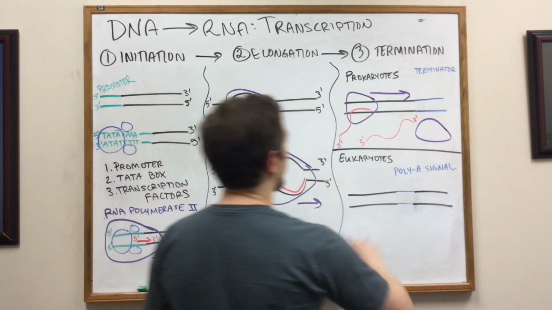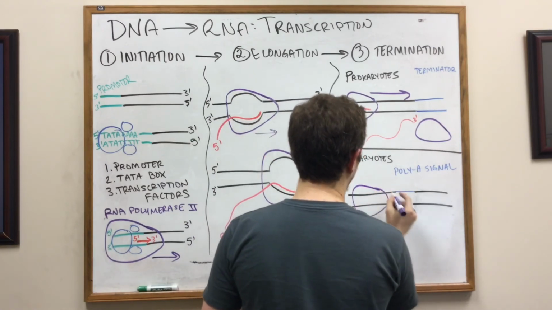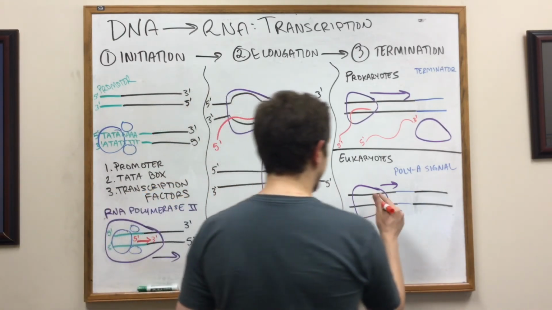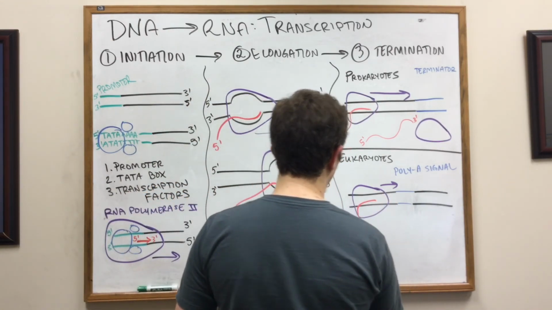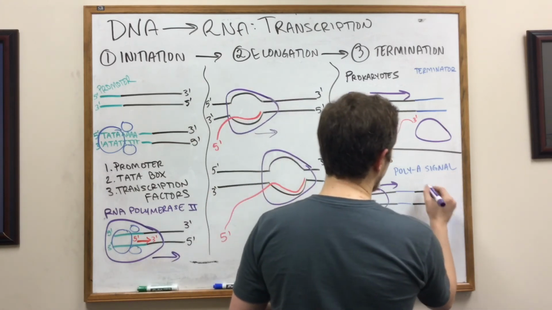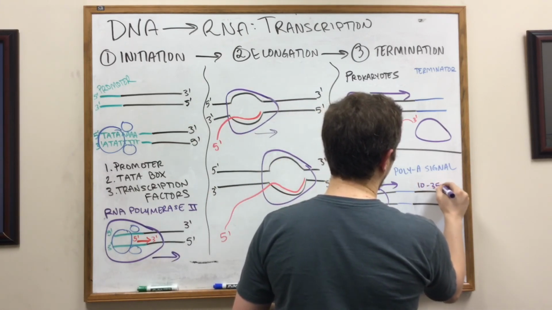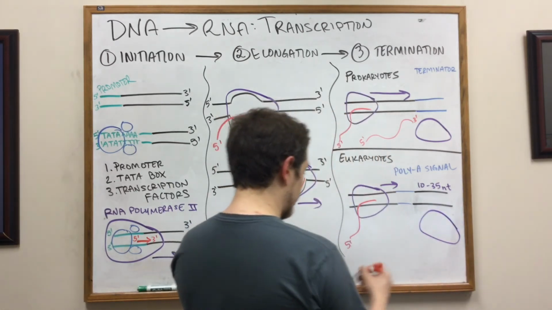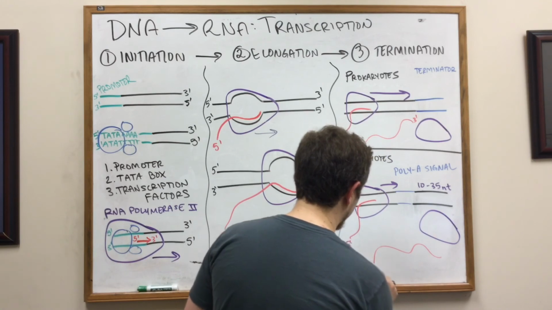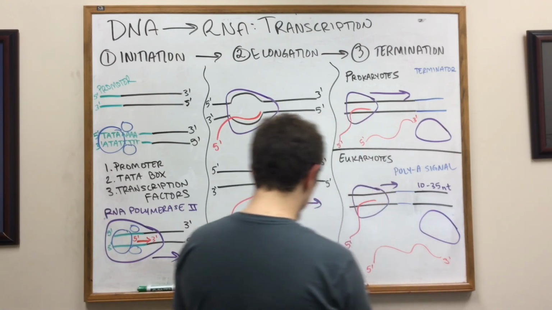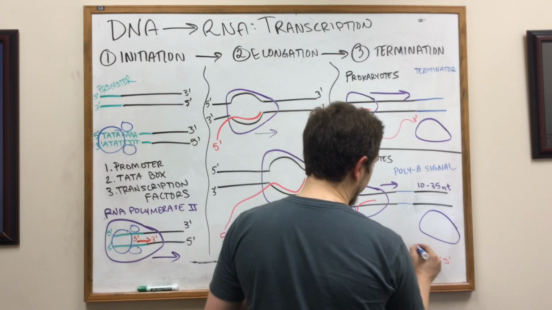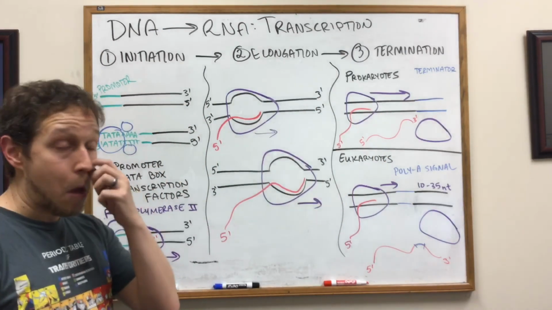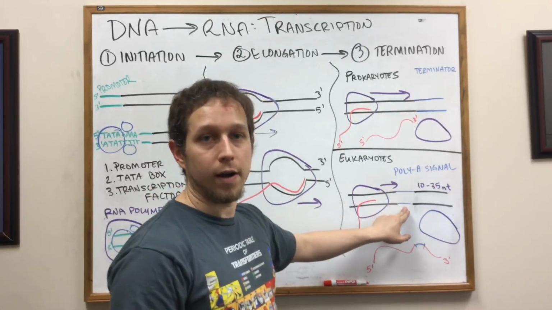So the polymerase is going to pass over that poly-A signal, but when it does, it doesn't fall off. Instead, what happens is after it passes the poly-A signal, it's going to move 10 to about 35 nucleotides down, and then it's going to fall off. And so the mRNA, or the primary transcript that's made, will actually have that polyadenylation signal in it. And that's going to serve a really important purpose when we get to RNA processing.